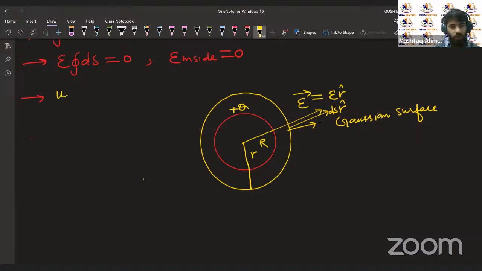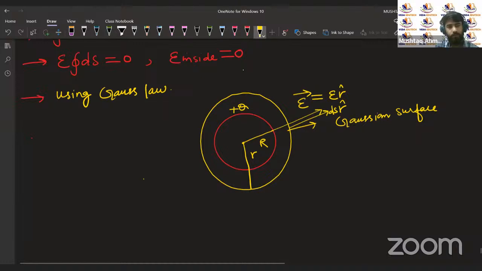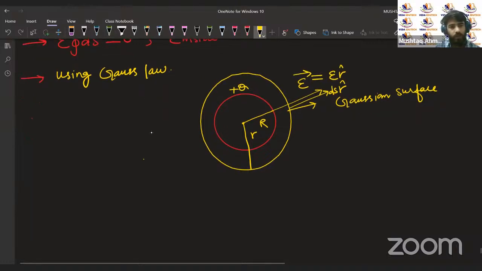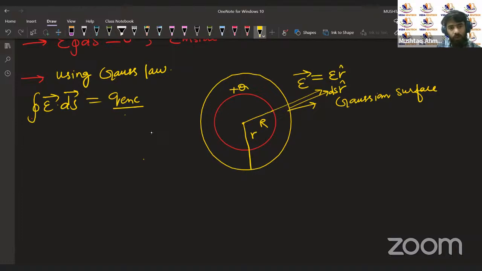So using Gauss's law once again, the integral of E dot ds will be equal to the charge enclosed, q enclosed, upon epsilon naught. So if the charge enclosed is q, then the flux will be q upon epsilon naught.